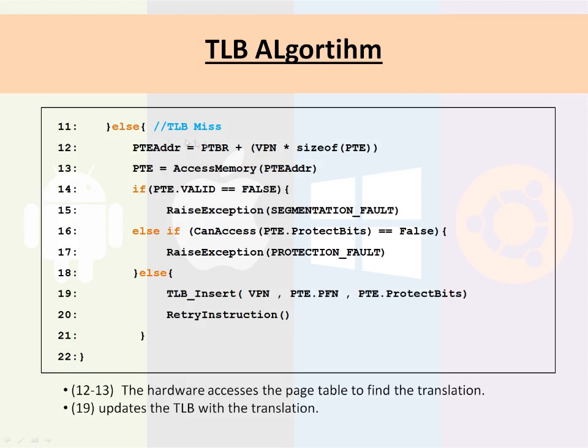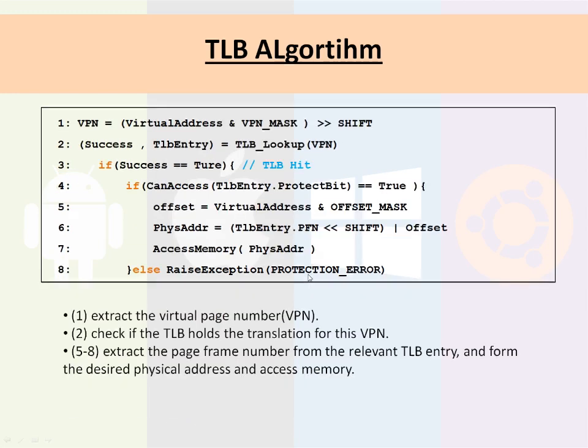In the case of a miss, we simply go to the else and go through that long process that we described before, where the hardware accesses the page table to find the translation. What's unique here is that once we go through that process, we then update the TLB with the translation. Let me show you on the diagram.